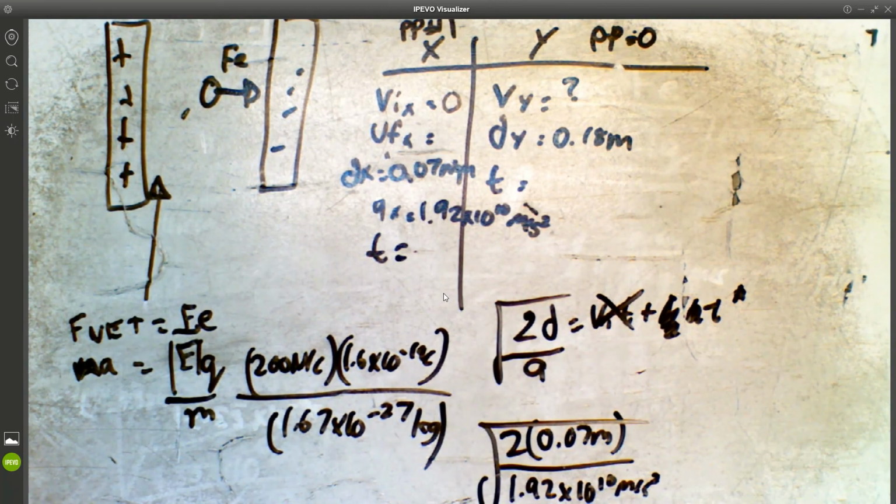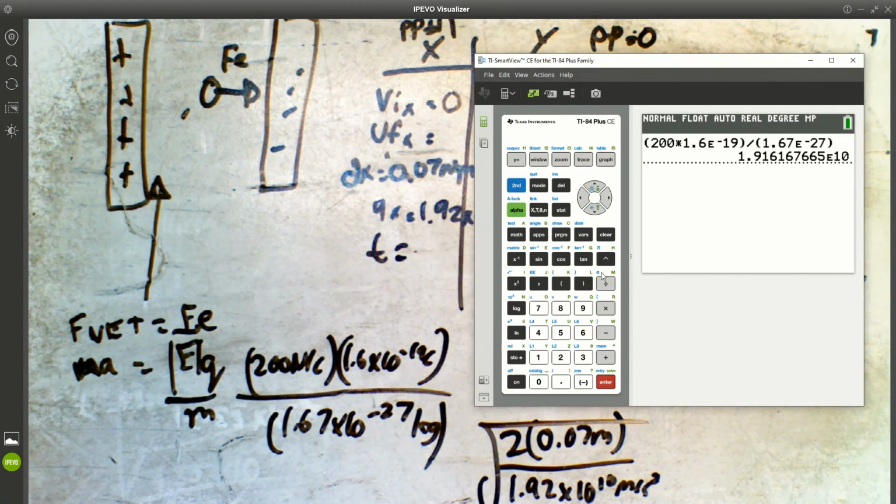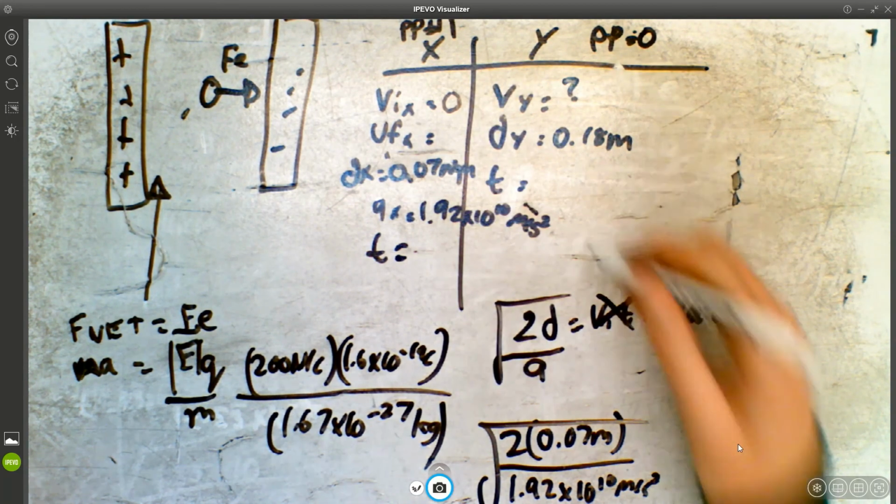And we have to square root it so we can figure out our time. 2 times 0.07 divided by this. Then we square root it. And we get our time to be 2.7 times 10 to the negative 6.